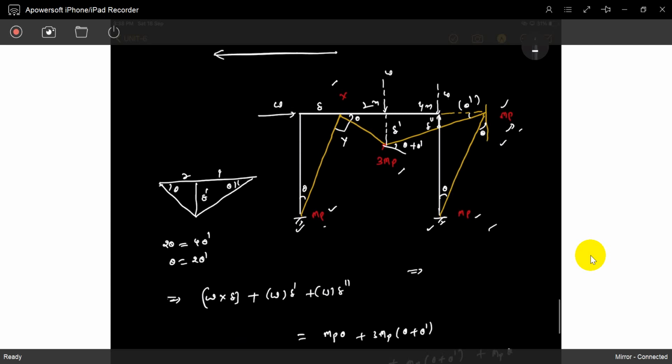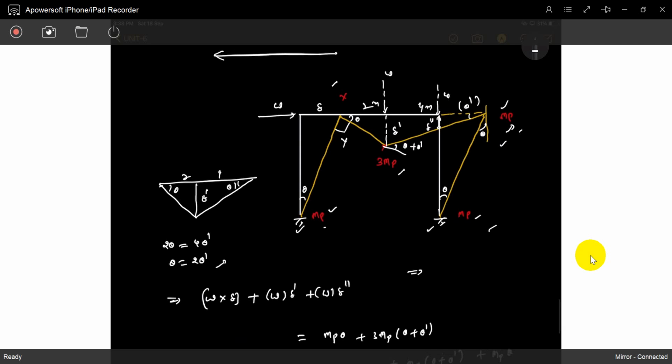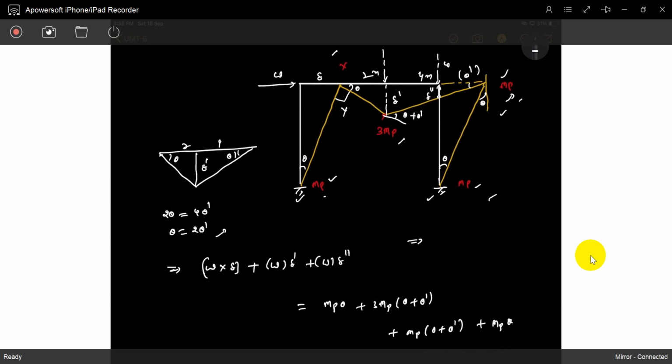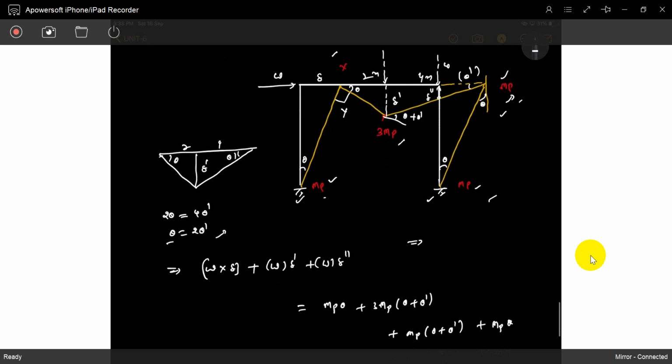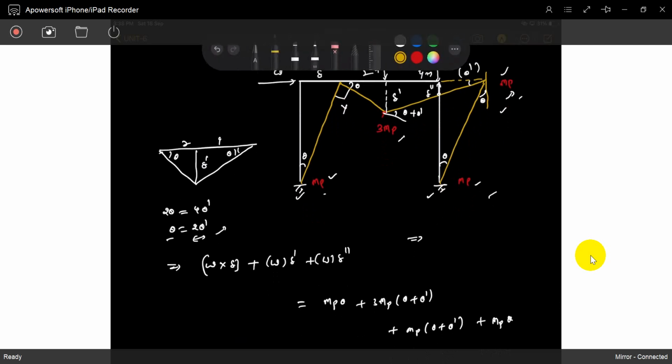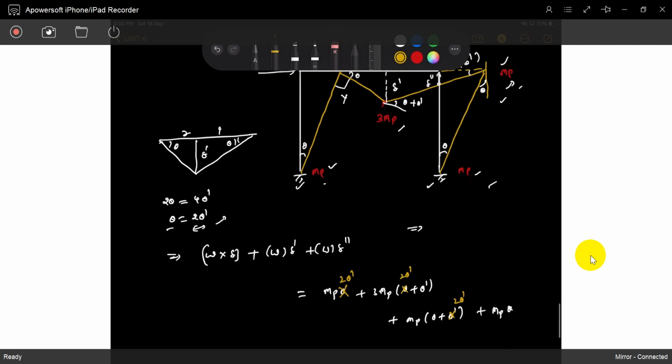Now the same situation, we will see. I will write theta in terms of theta dash. This is theta, I will write 2 theta dash. That's it.